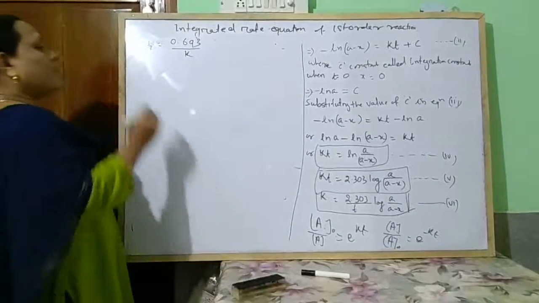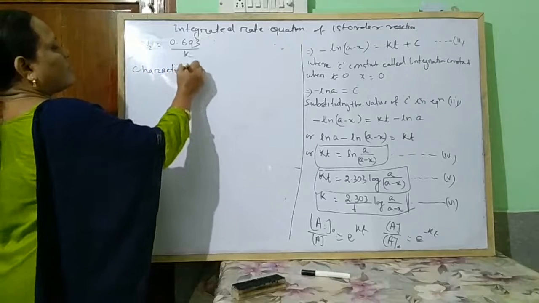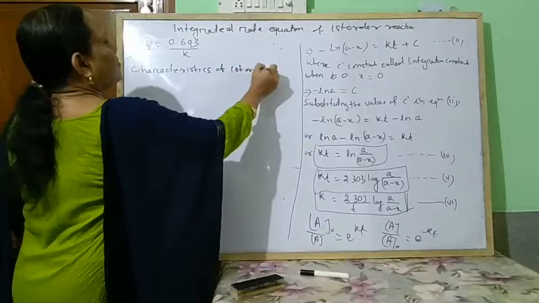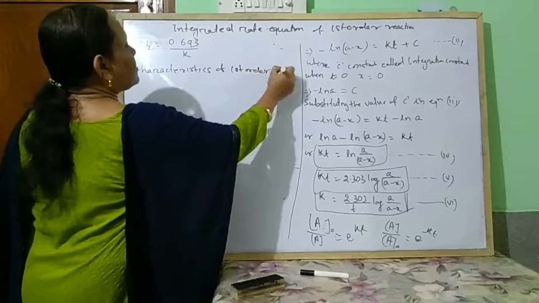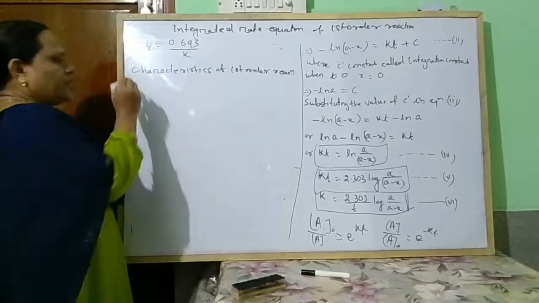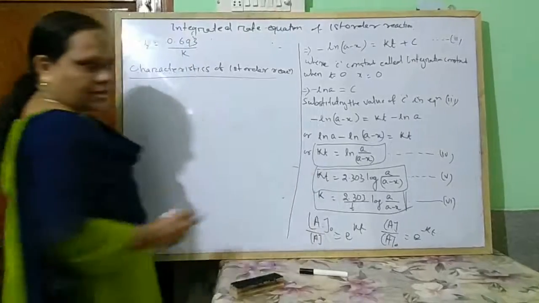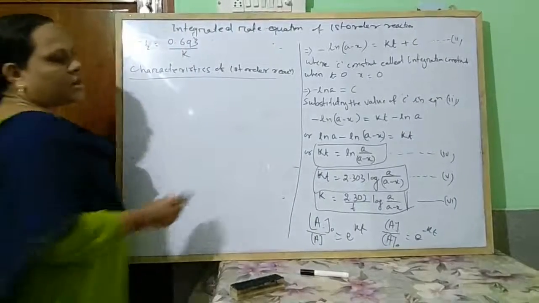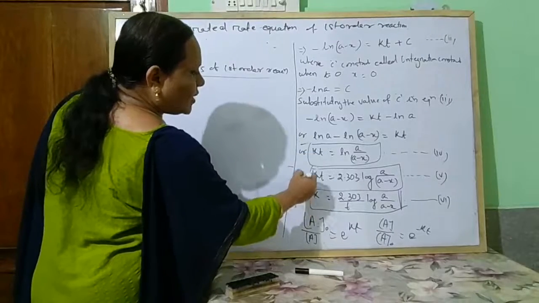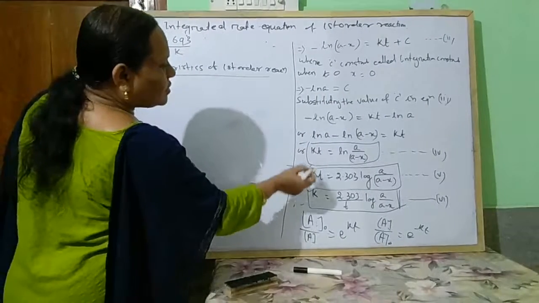Next, what are the characteristics of first order reaction or first order kinetics? Any reaction of first order should obey equation number 4 and equation number 6, and these equations. Equation 5 is not a true equation.